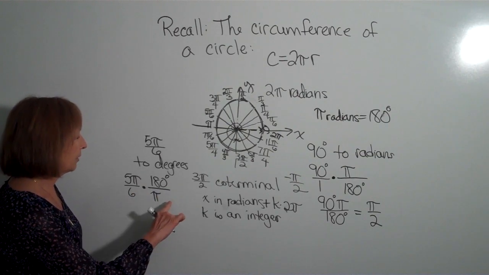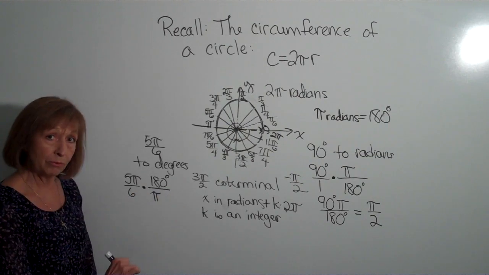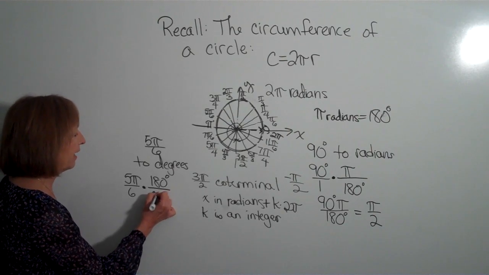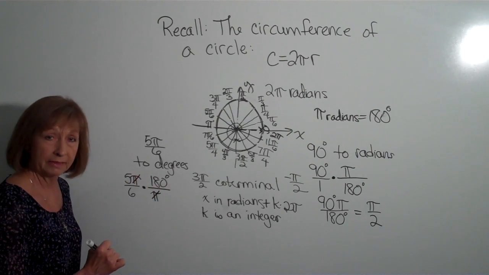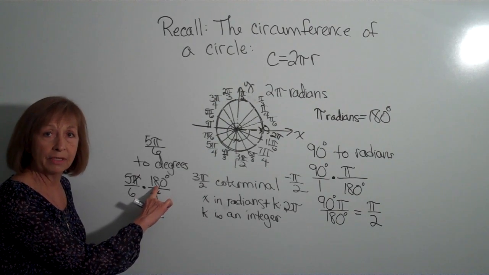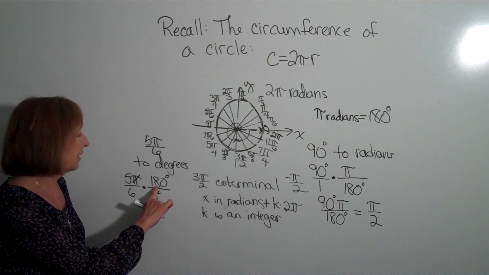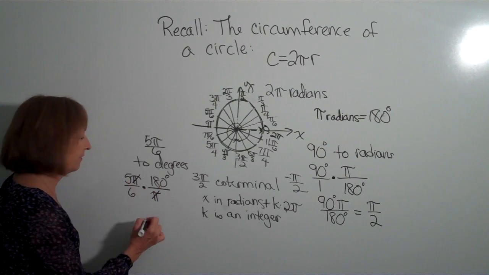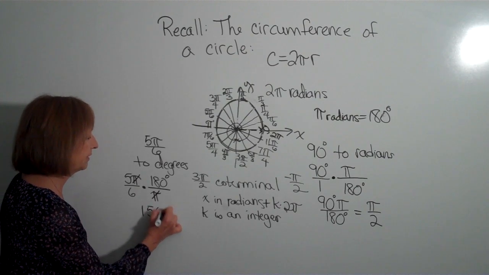Multiply across the top, multiply across the bottom, and then remove any common factor pairs. The pi would be removed, and then 6 divides into 180 degrees 30 times, and 30 degrees times 5 is going to give me 150 degrees.